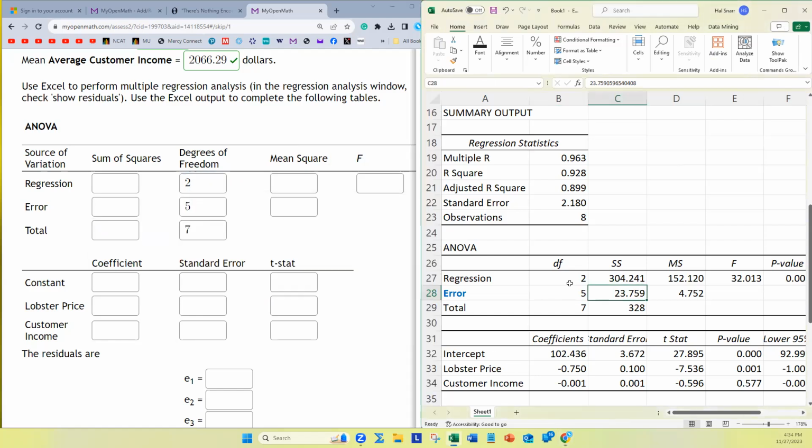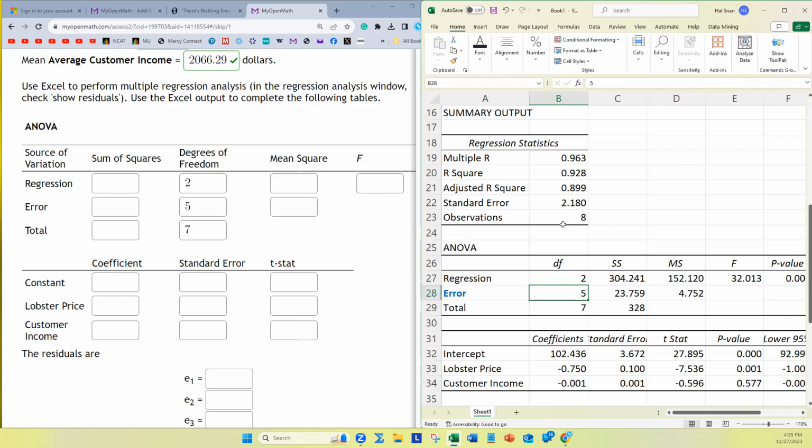Well, the regression degrees of freedom are 2 because we're estimating 2 slope coefficients. That one and that one. So that's why it's 2. We have 2 x variables, lobster price and customer income. That's why that's 2.